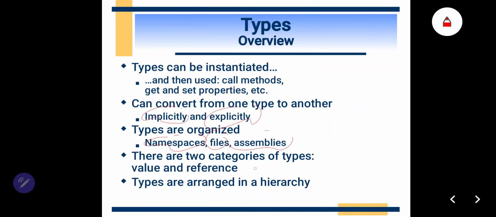There are two categories of types: value and reference. For value types, you store the value on the stack, and for reference types, you save the reference into the heap. Types are arranged in a hierarchy.